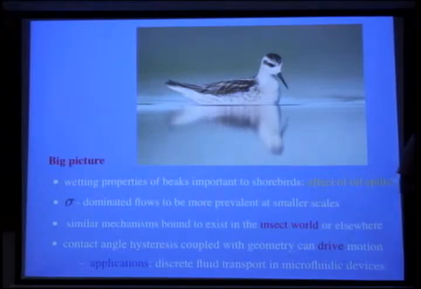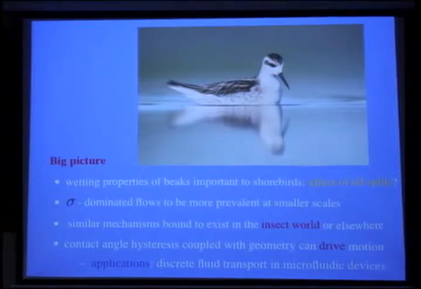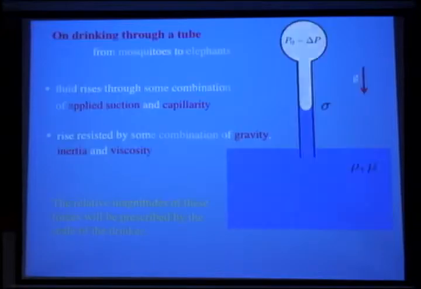I presented this to some engineers, and one guy goes, I knew it had to be good for something. But again, if something is good for something, then nature will find it, right? Okay, so those are examples of contact angle hysteresis being used for drinking.